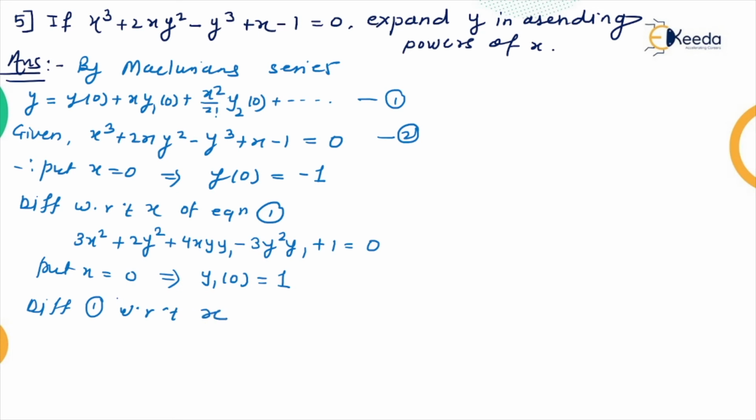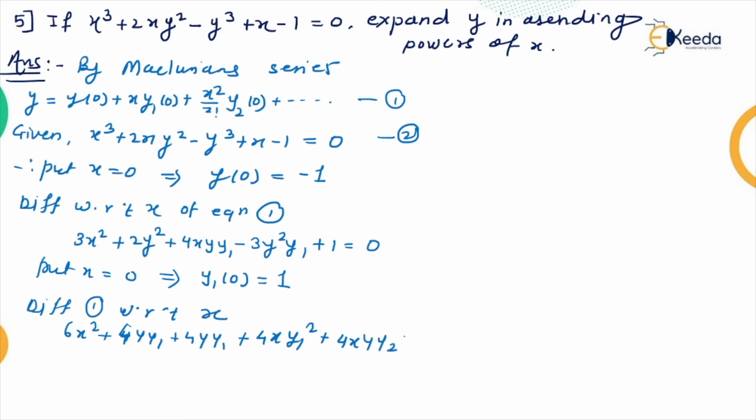Differentiating again, we get 6x squared plus 4y y1, plus 4y y1 again, plus 4x y1 squared, plus 4x y y2.